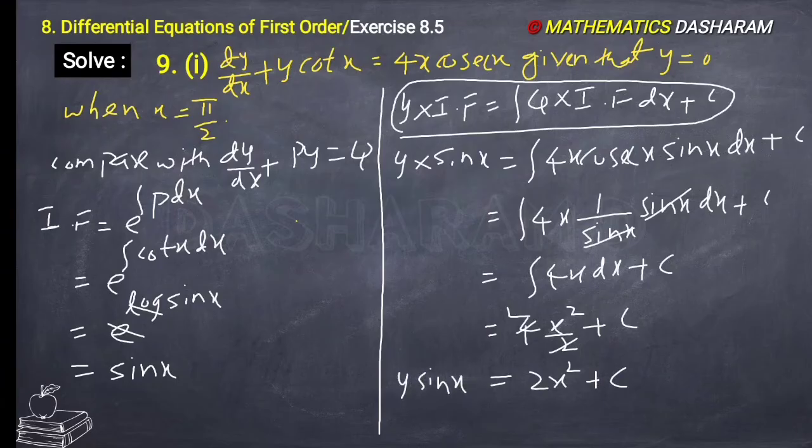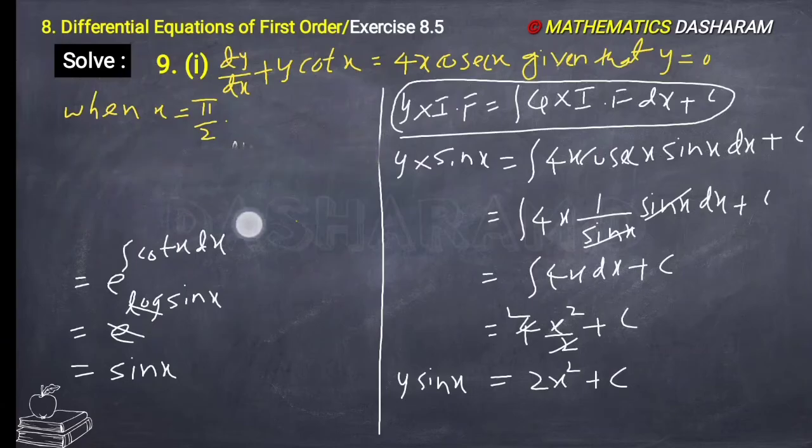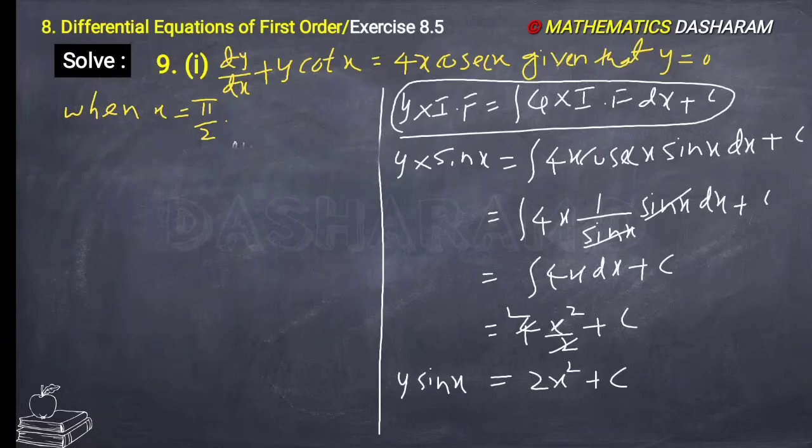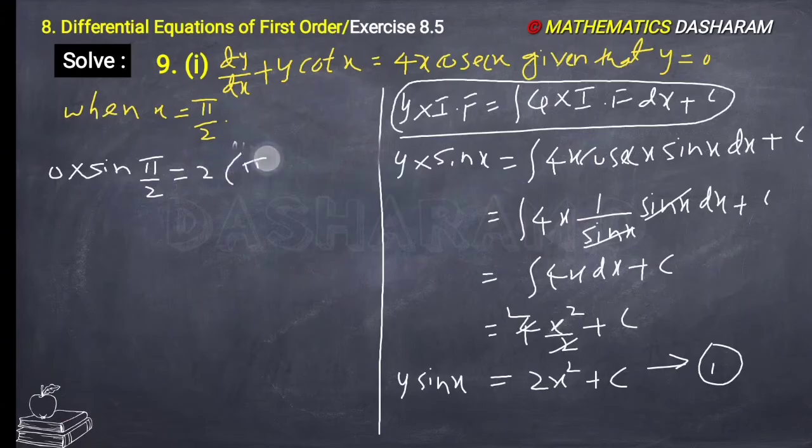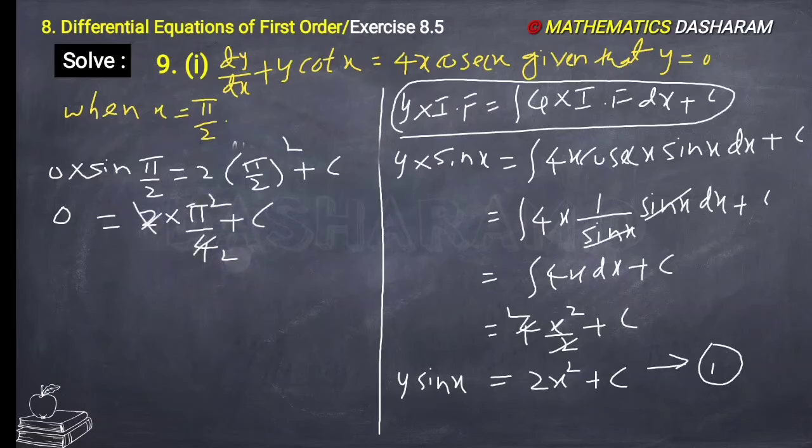Now we have to find the c value. To find the c value, substitute the x and y values. Take this as equation 1. What is the y value? Y value 0 into sin x, x value pi by 2, equals 2 into pi by 2 whole square plus c. So 0 into anything is 0. 2 into pi square by 4 plus c. 2 twos are 2 ones.